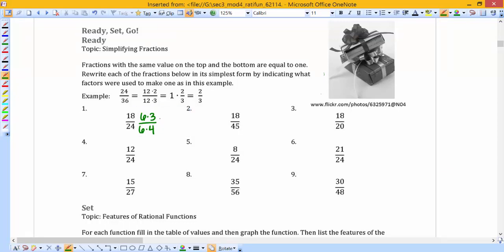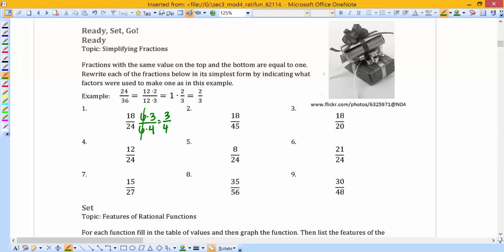However, for what we are going to be doing as we progress through this course and the module, we need to understand that when I divide by 6, I'm canceling a 6 from the numerator and a 6 from the denominator. I am canceling what they share. So in writing it this way, you get that visual that, oh, they share a 6, so I can cancel, and I'm left with 3 over 4.